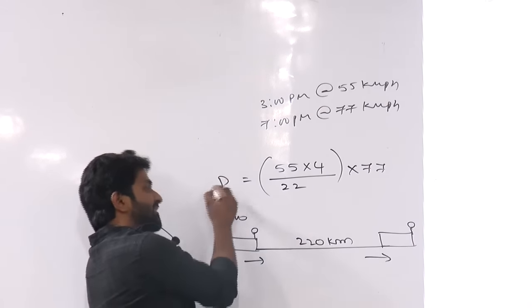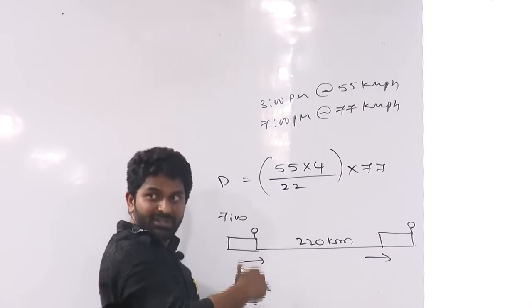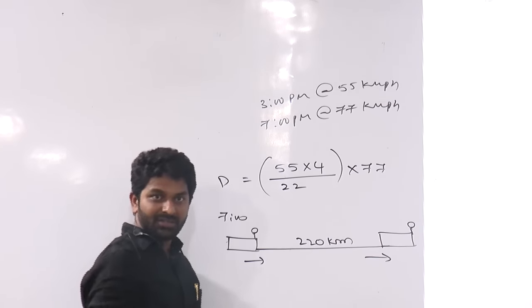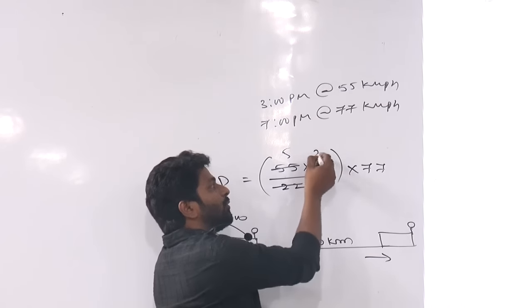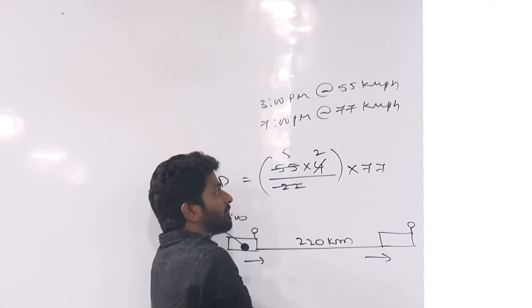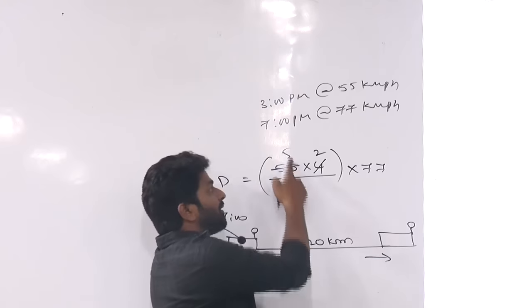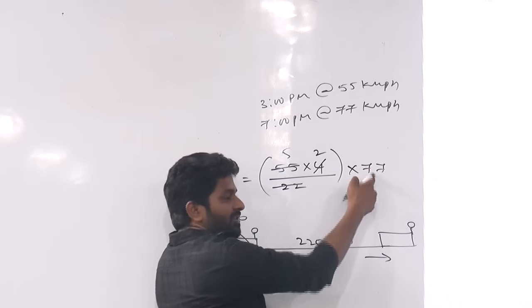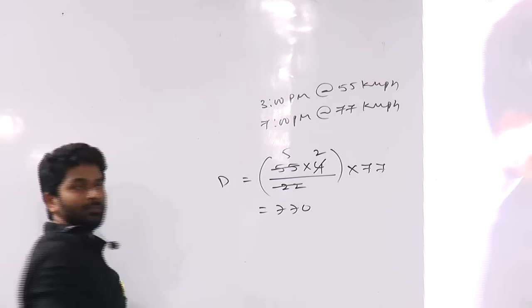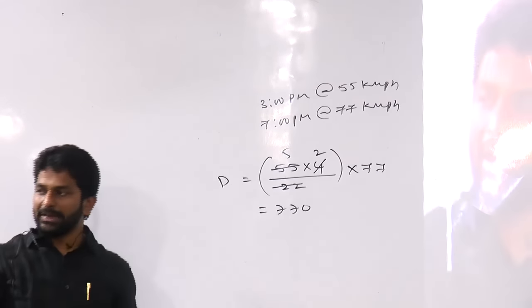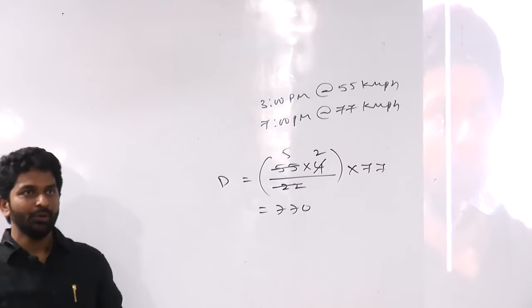This is the distance from Mumbai at which they will meet each other or cross each other. 11, 5 times. 11, 2 times. 2, 2 times. Yes or no? 10 into this, 770. First you need to calculate time and then you need to convert it to distance.